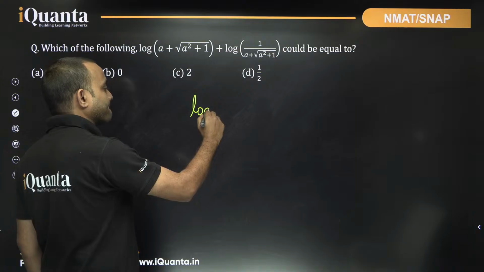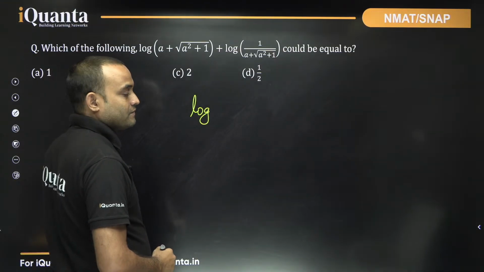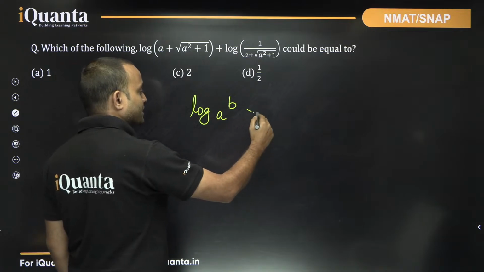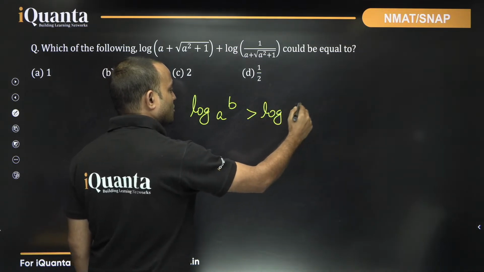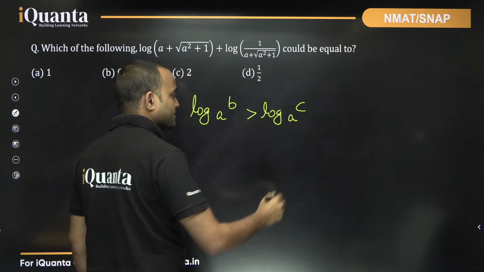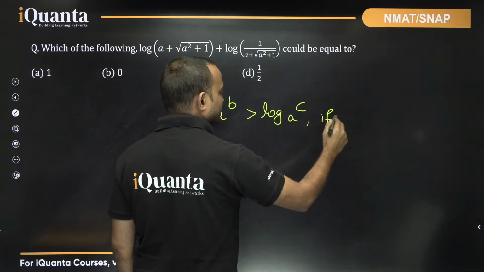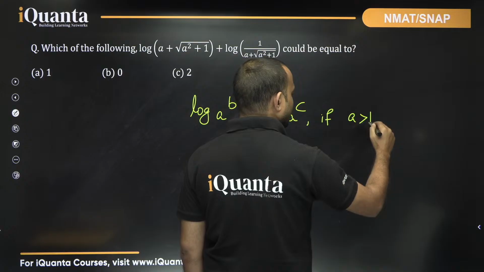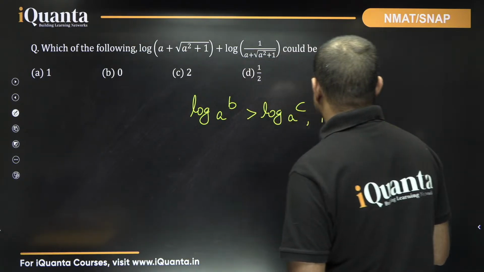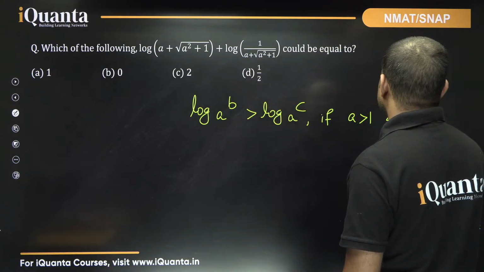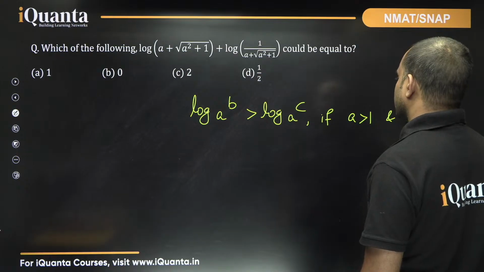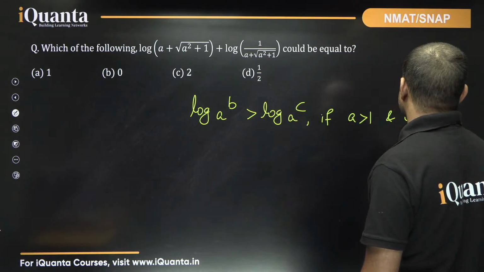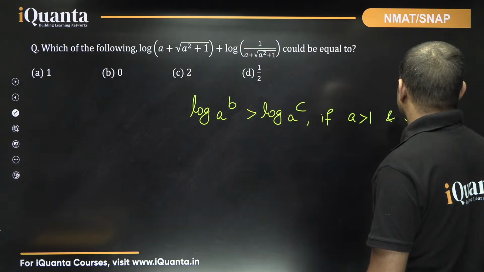Log b to the base a will be greater than log c to the base a if a is greater than 1 and c is less than b, and this should also be greater than 1.